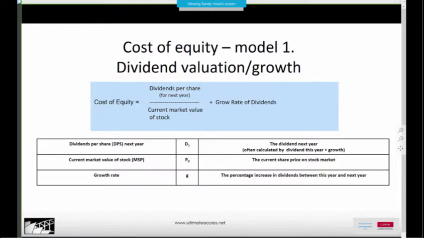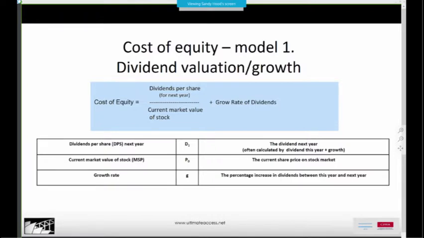So taking the first one, the dividend valuation or the dividend growth model, we identify the dividends that we're going to be paying next year, and here we've got it using the symbols. Very often it appears with a small d, but here in our little caption it's showing it with a large D1 to indicate it's in a year's time.